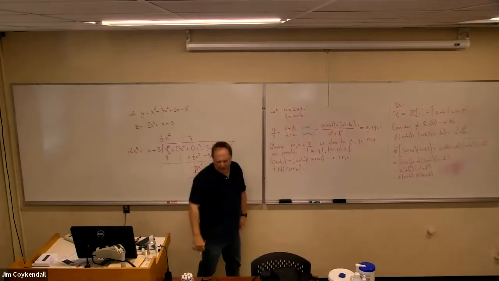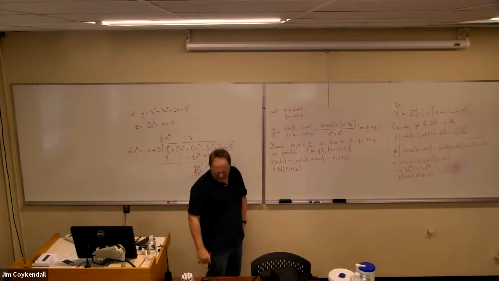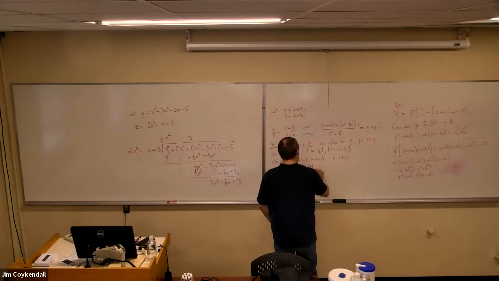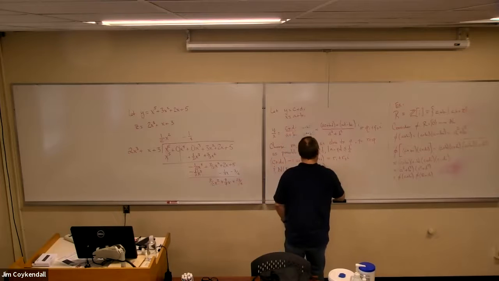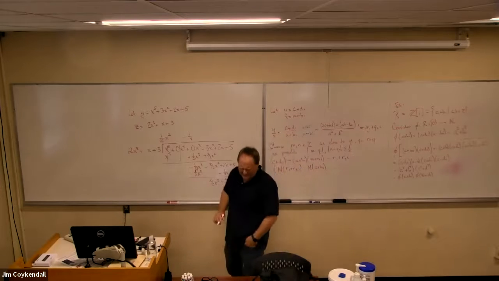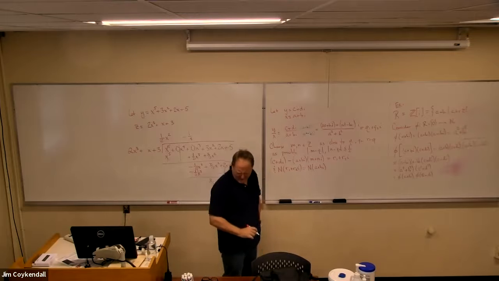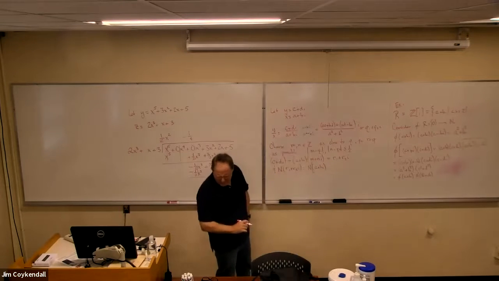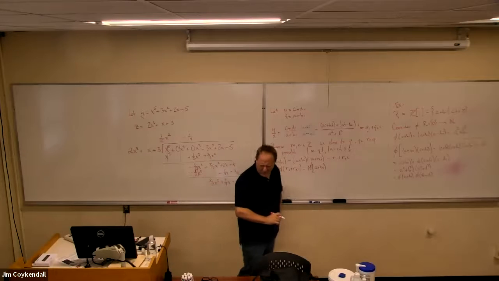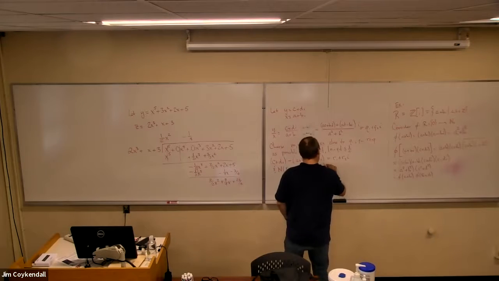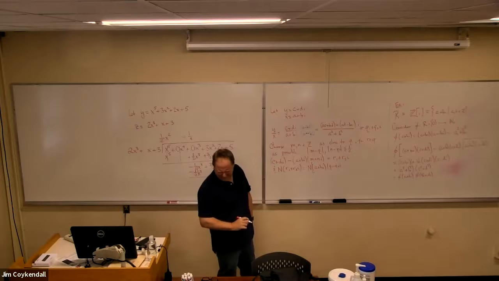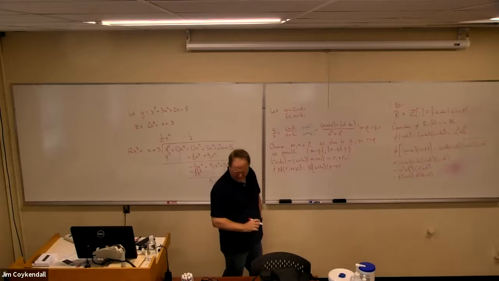If you look at the norm of R1 plus R2i, this is the norm of a plus bi times Q1 minus Q2i minus m plus ni.